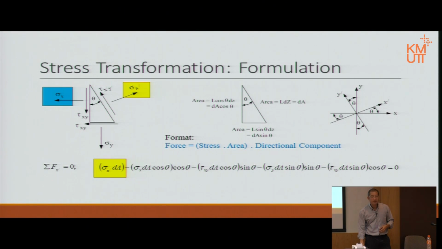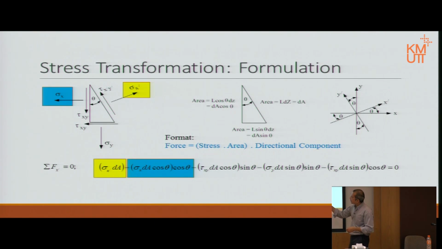The next term comes from sigma x, which is acting on dA cosine theta. Of course, that force is on the x line, not on the x prime line, so you take the component from here to here, and we use cosine theta.